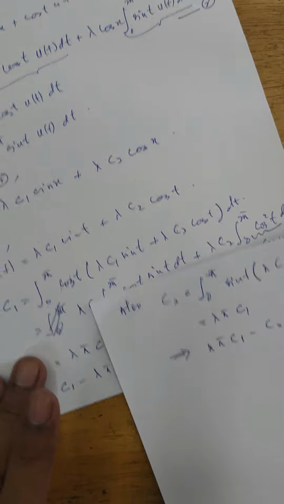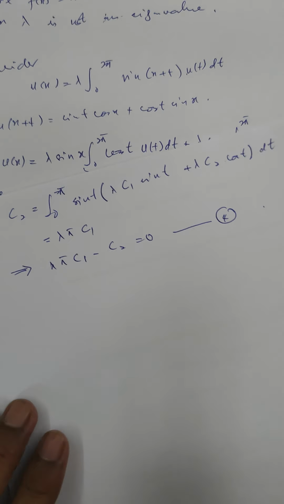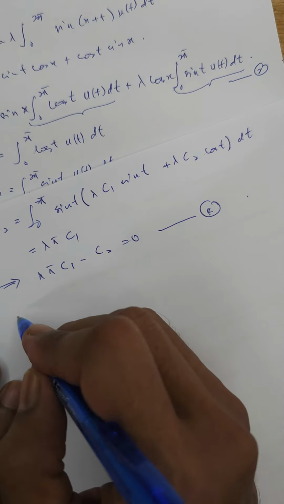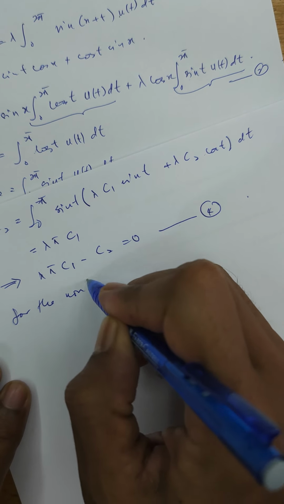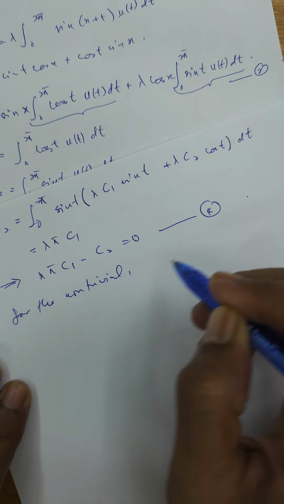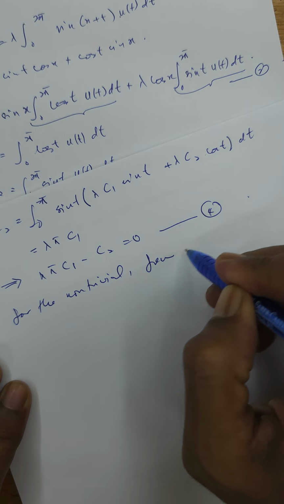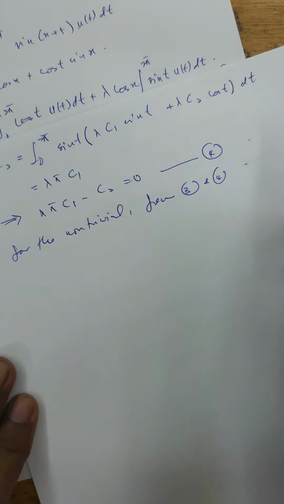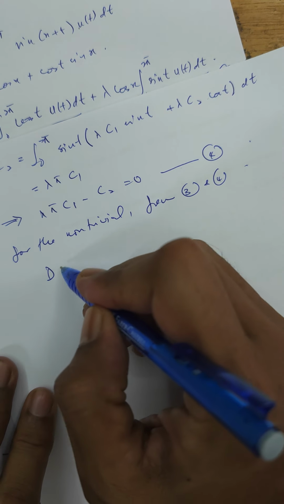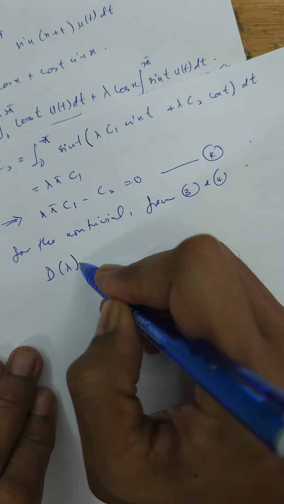So for the non-trivial solution, we need from 3 and 4 that the determinant of those is equal to 0.